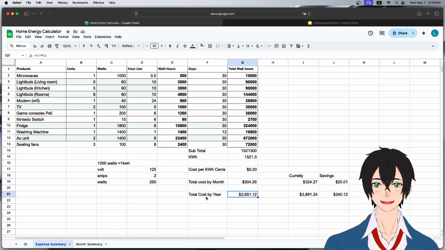And here, total cost by year will be the entire year, which in this case you're multiplying by 12, as you can see. And this is a hypothetical scenario, like say the cost is 20 cents and I'm spending $304 a month, which is frankly quite a lot.